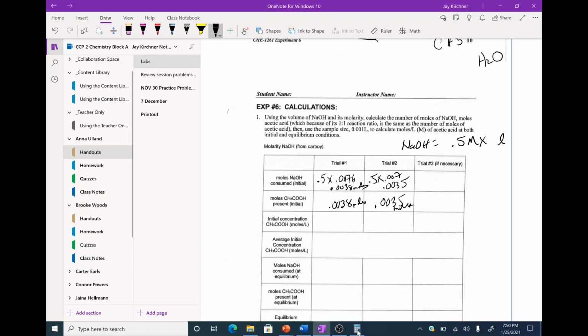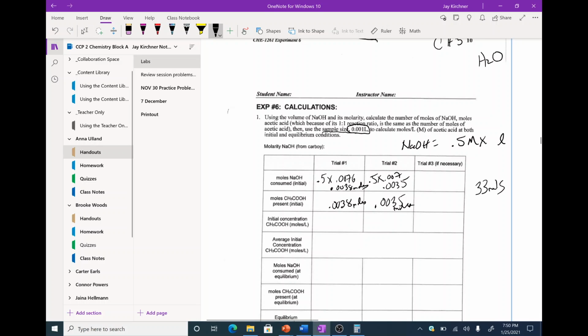So in reality, as it says, your sample size was 0.001 liters. So this was titrated against the sample size of 1 mil. What was our total sample size that we did? And it turns out we have 33 mils.